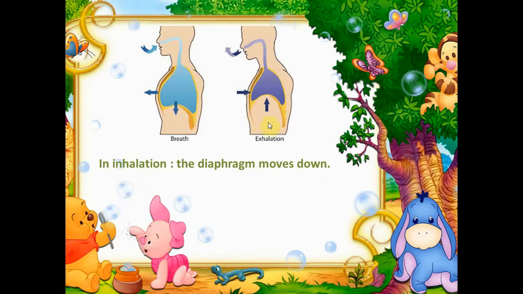But here in exhalation, the diaphragm moves up, and the chest cavity gets small again. So again, in inhalation, the diaphragm moves down to increase the chest cavity, and in exhalation, the diaphragm moves up and the chest cavity gets small again.